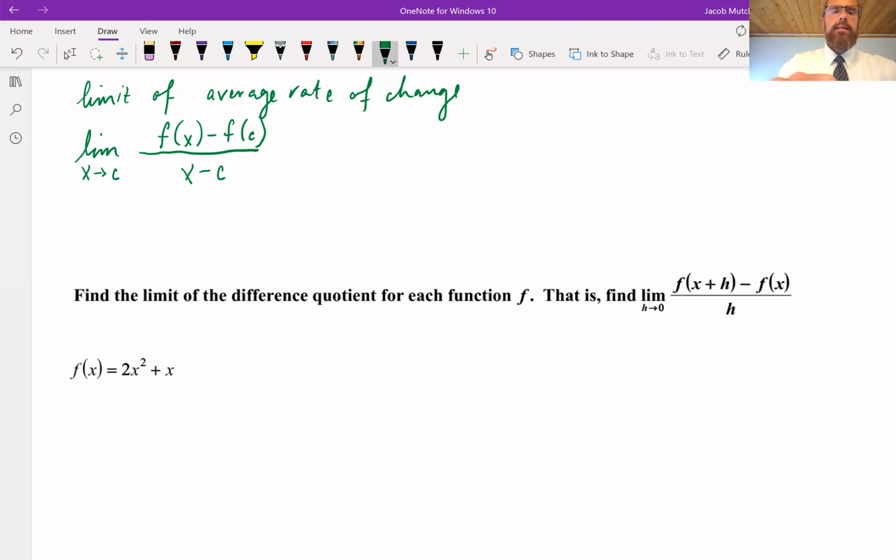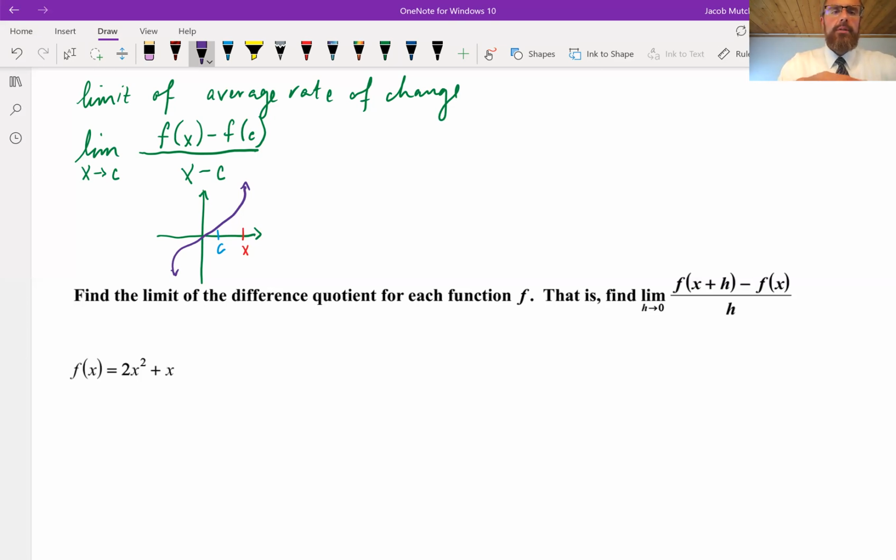And the way we had set that up on the graph, just to recall, was with some x value out here and some c value over to the right. And what we were looking at was some function. We had just given a generic function, not quite sure what its equation is.